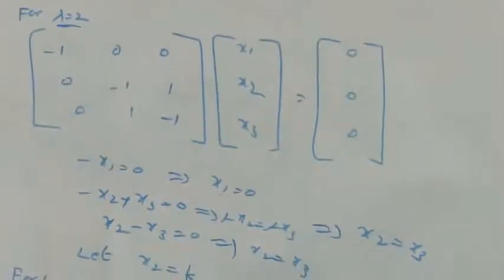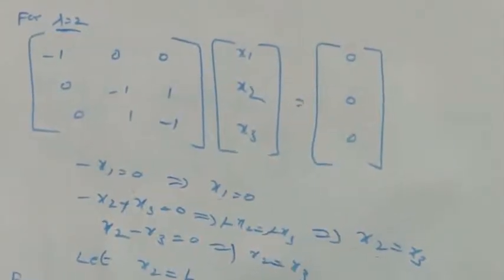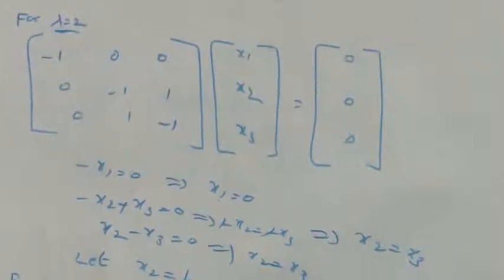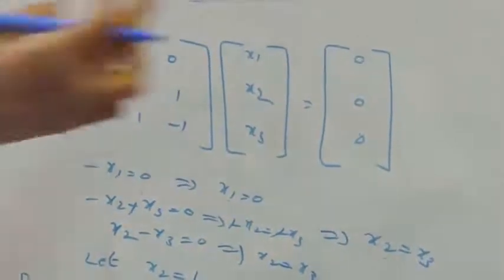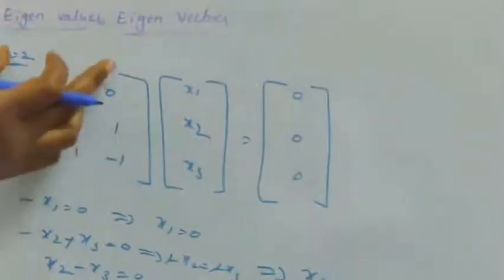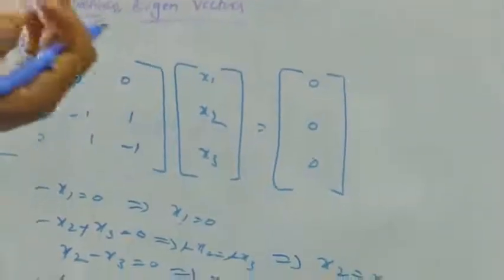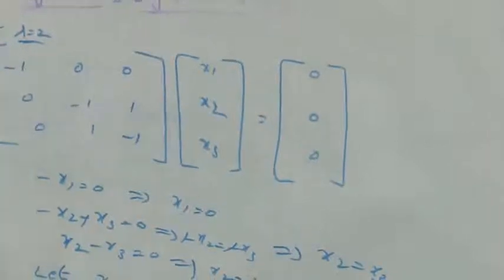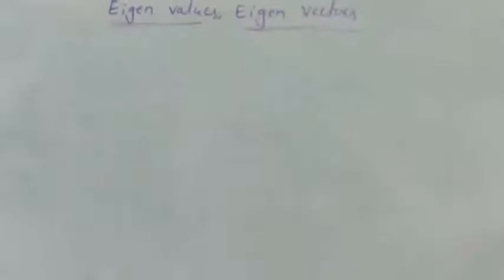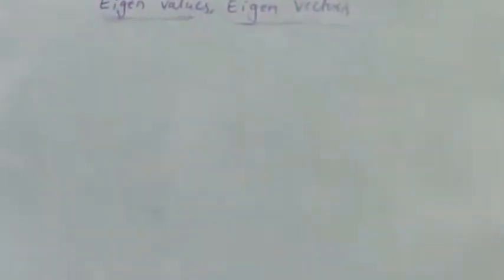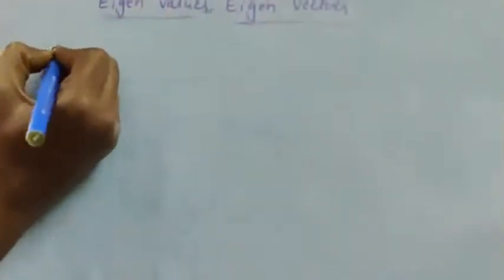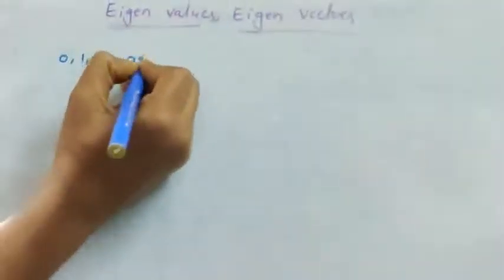So finally we have to write, for a given matrix A, the eigenvectors corresponding to the eigenvalues lambda is equal to 0, 1, 2. You have to write the x1 value, x2 value and x3 value. These are the eigenvalues.